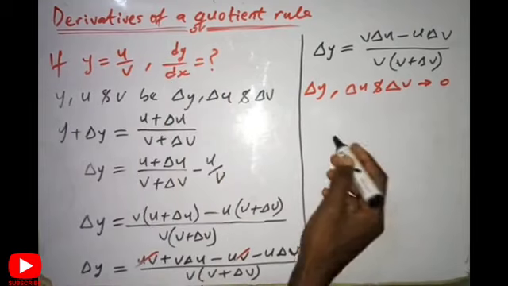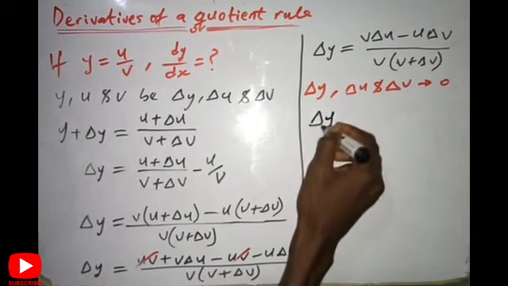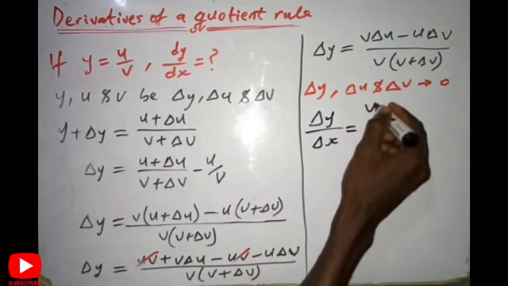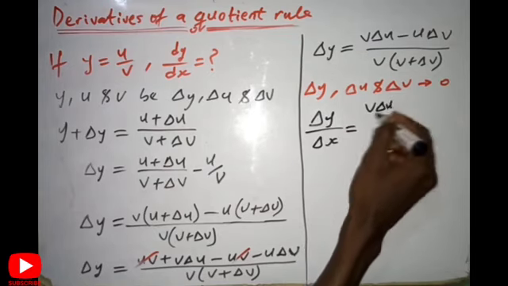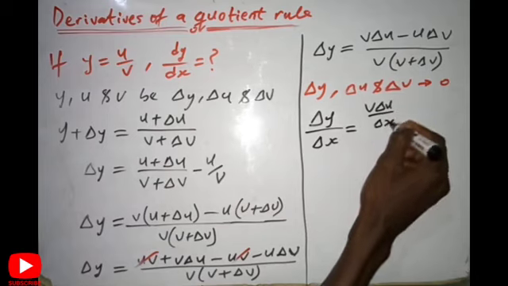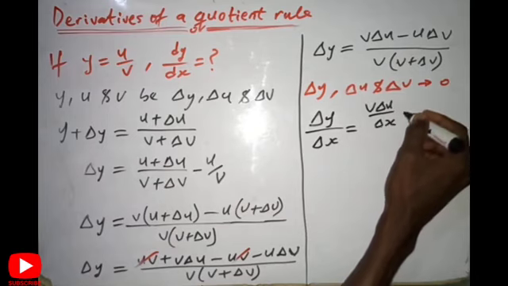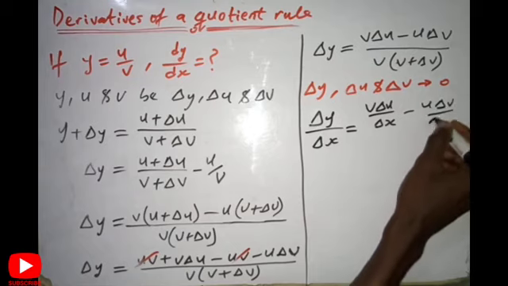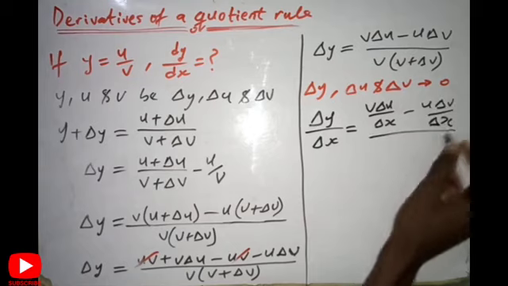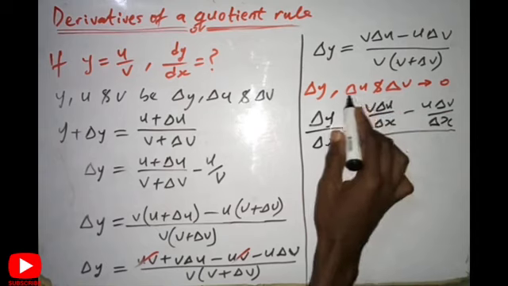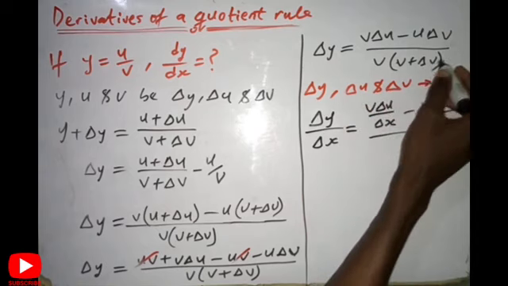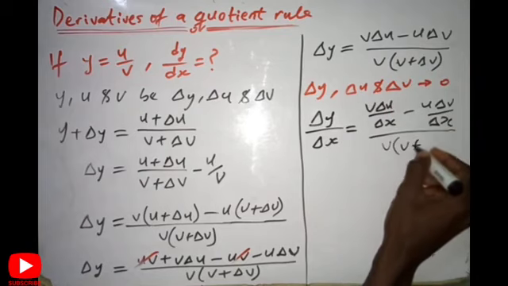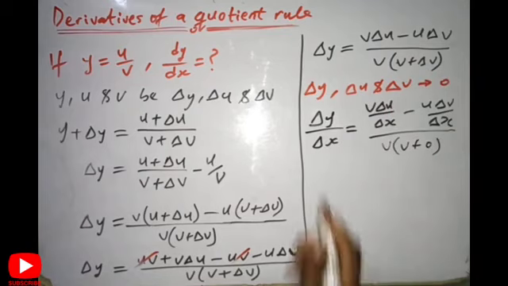Now let's do it. So we have delta y over delta x equals v delta u over delta x minus u delta v over delta x all over v into v plus delta v, and delta v will be equal to 0, so we have v into v plus 0.